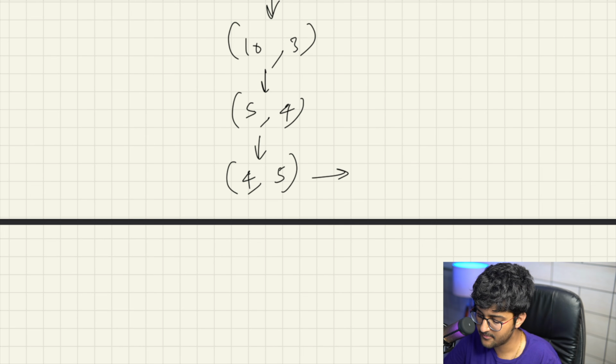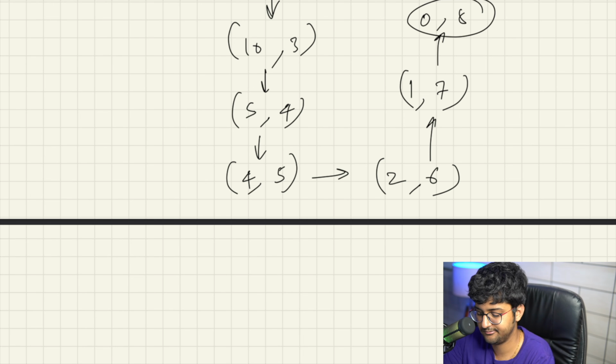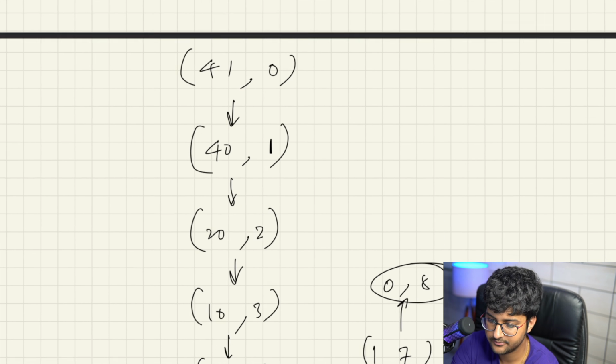Now this will be divide by 2, 2, 6. And then it will be 1, because divide by 2, 1, 7. This will be 1 minus 1, 0, 8. Total 8 steps. For 41, a total of 8 steps are required.